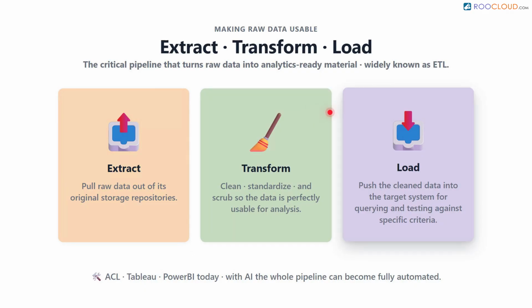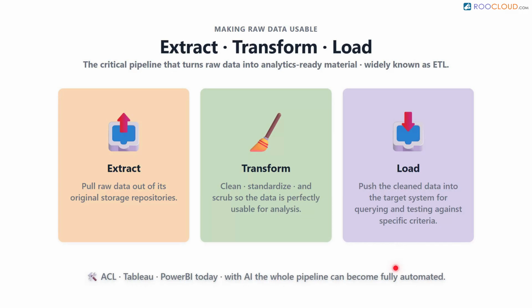Finally, the cleaned data is loaded into the target system to be queried and tested against specific criteria. Auditors frequently use software tools like Audit Command Language, Tableau, and Power BI for this workflow. With artificial intelligence, this entire end-to-end process can become fully automated, though that automation relies heavily on complex coding.